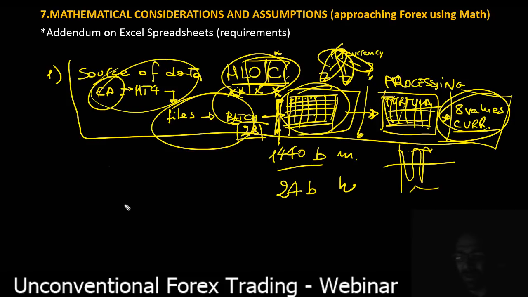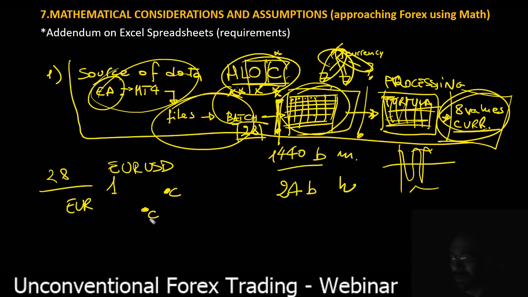So if you have a movement of one of those 28 values, you have 28 values, and you have one movement, let's say from the analysis of the single euro USD, that is going to go in the cluster of the 7 charts that you are using for analyzing euro. And you have the price that since the beginning of the day or the week or the previous hour till now has moved from this close to this close.